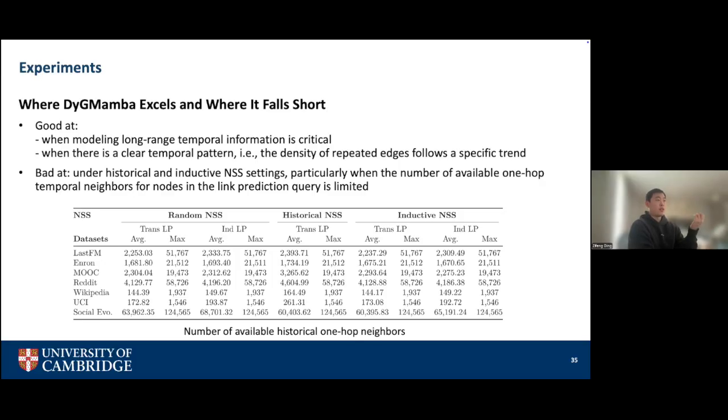For example, the worst cases for DyGMamba are the historical and inductive NSS settings on datasets Wikipedia and UCI. If we combine these results with this table here, we can find that in Wikipedia and UCI, we have a limited temporal context. And we think this is the reason why DyGMamba cannot perform very well, because it requires a very long history for modeling.